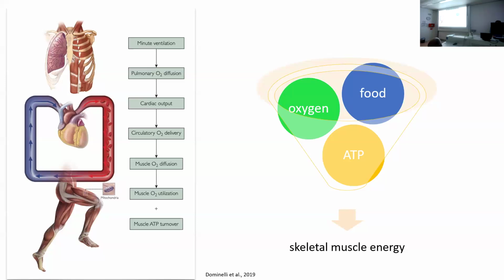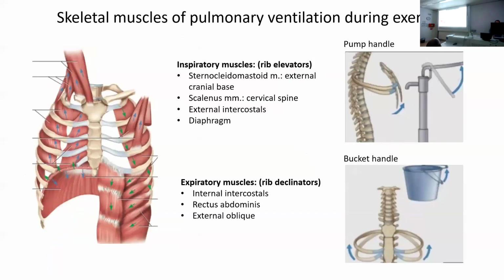But it is also known that skeletal muscles are moving the rib cage, and we distinguish here between inspiratory and expiratory muscles. It's also important to distinguish between normal breathing and exercise breathing. Because in rest breathing, expiration is mainly passive and inspiration is mostly brought about by the diaphragm, but during exercise, a lot of other skeletal muscles come into play, and they require energy.